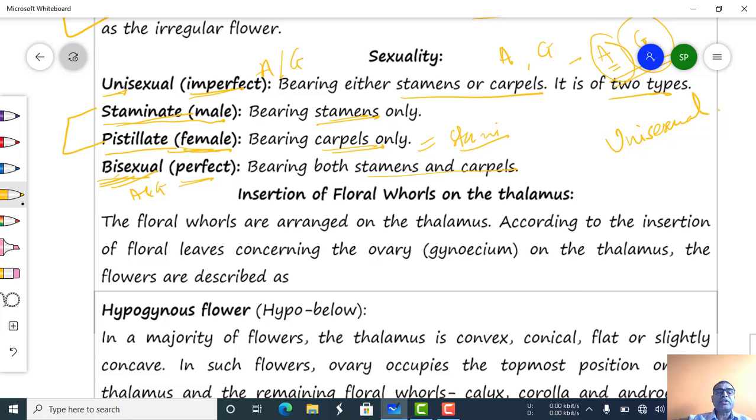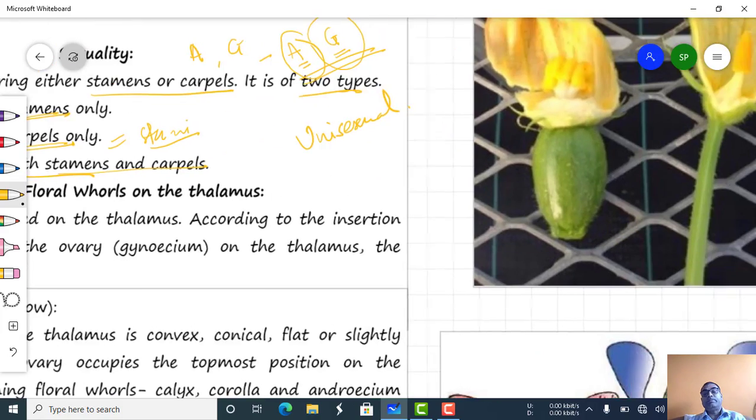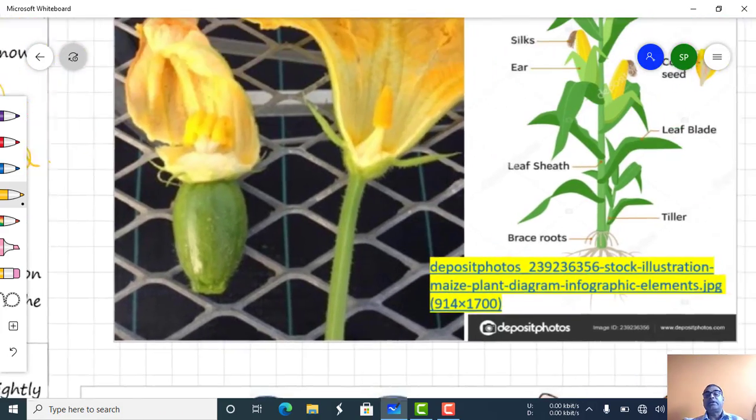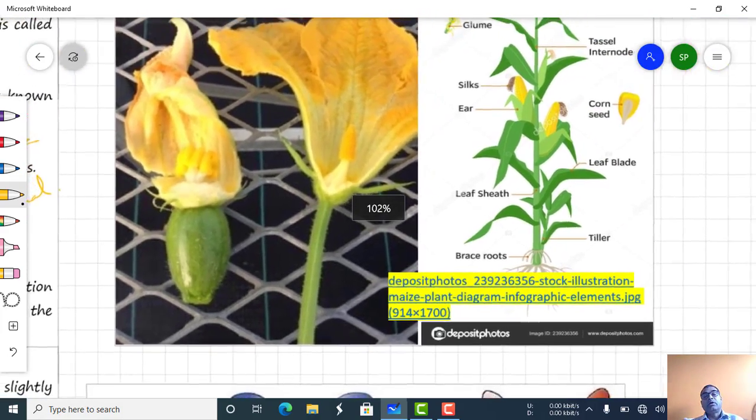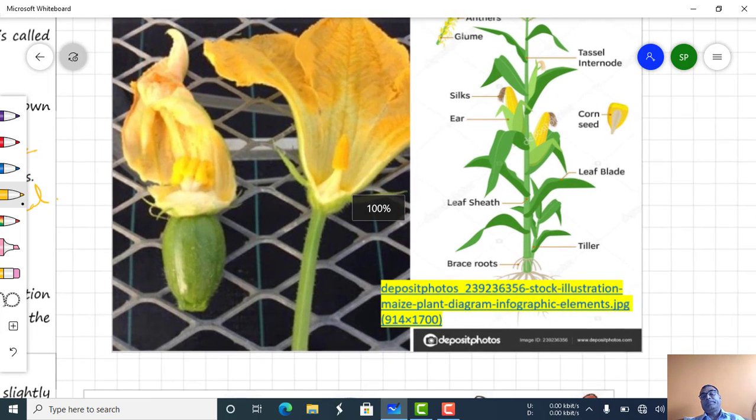Okay, and what is a bisexual flower? The flower in which the whole of androecium and gynoecium are present is called a bisexual flower.